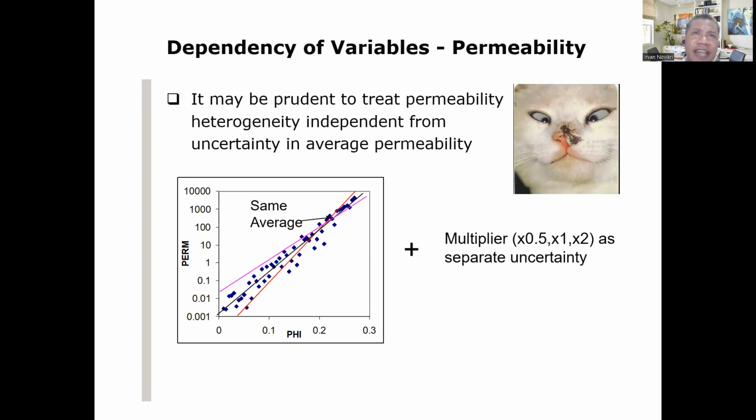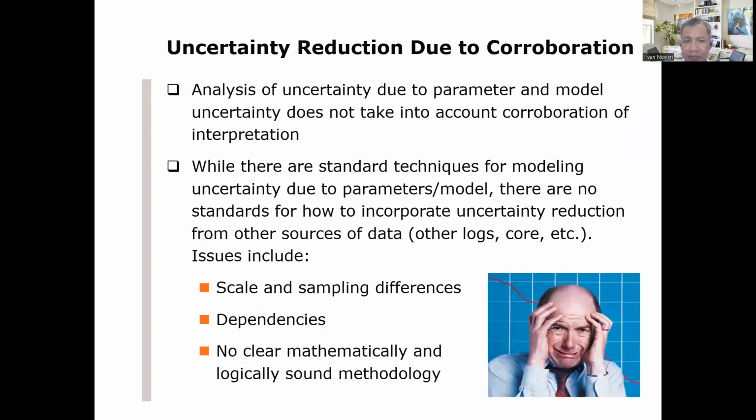It's also advisable to consider the permeability heterogeneity separately from uncertainty in average permeability. These two aspects should be treated as distinct sources of uncertainty in order to better understand and analyze them in the system.